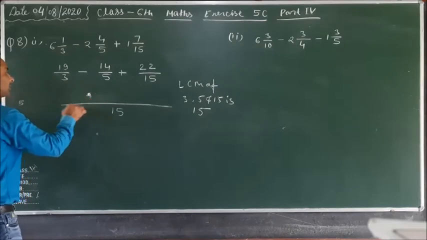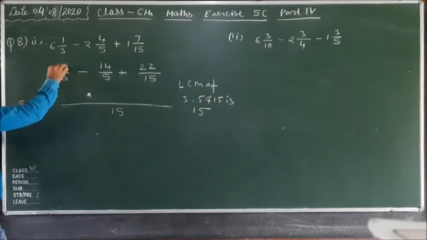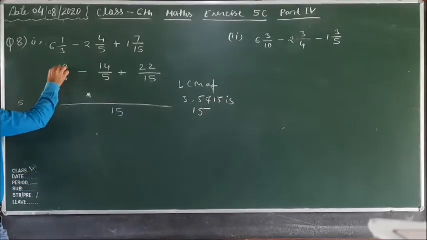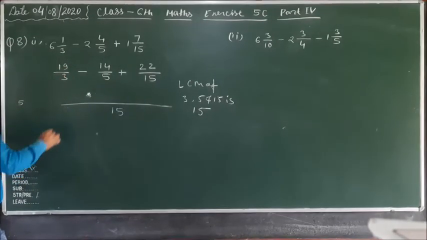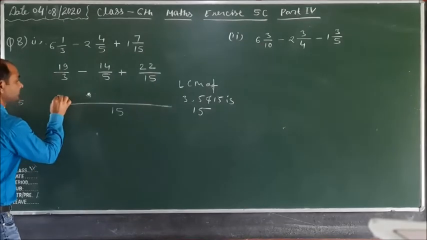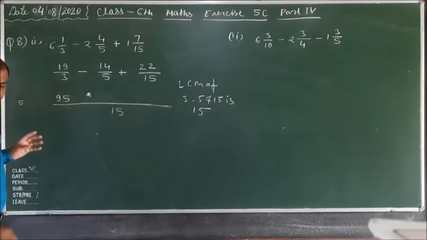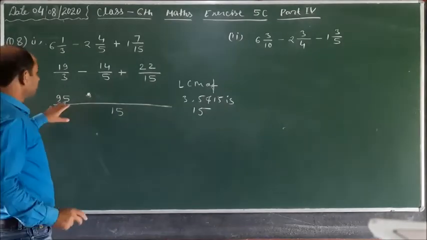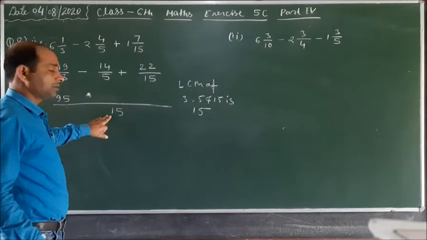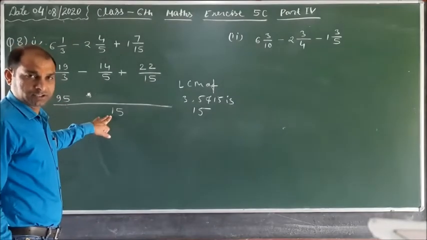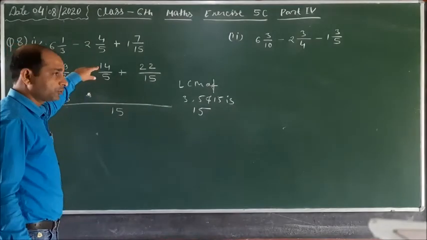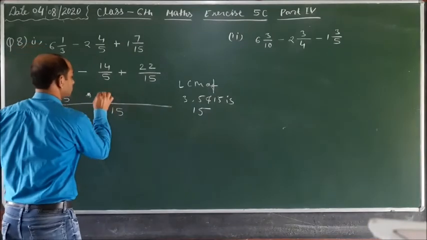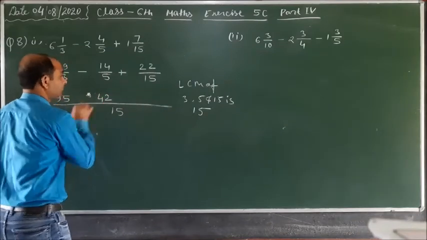After the quotient, multiplied by the numerator, then 19 multiplied by 5. 19 5s are 95. Now 5 3s are 15, 3 multiplied by 14 is 42.